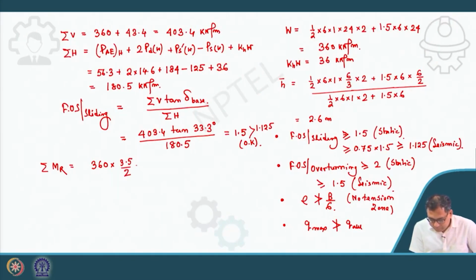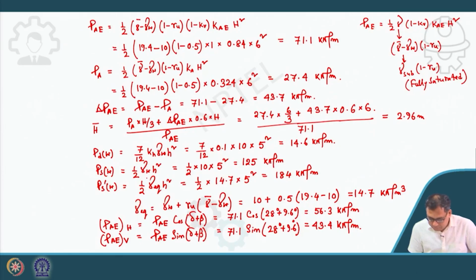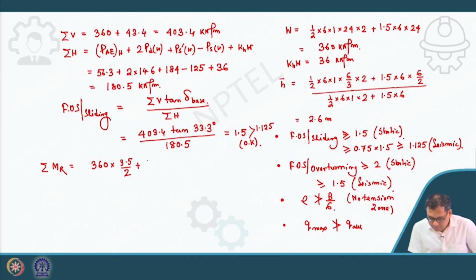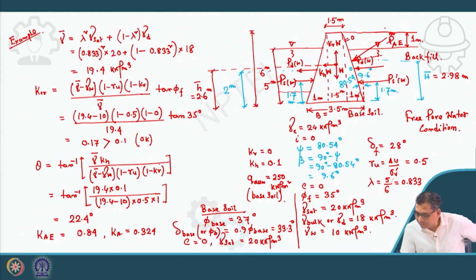Plus the vertical component of PAE, that is 43.4. But what would be the lever arm? Okay. So, it is acting here.